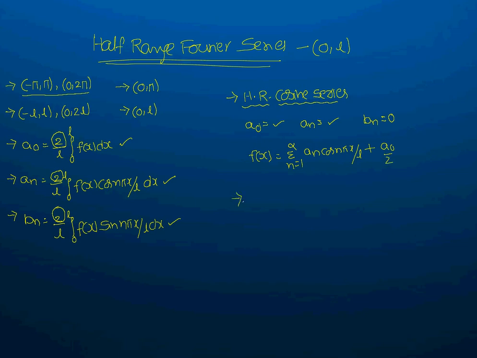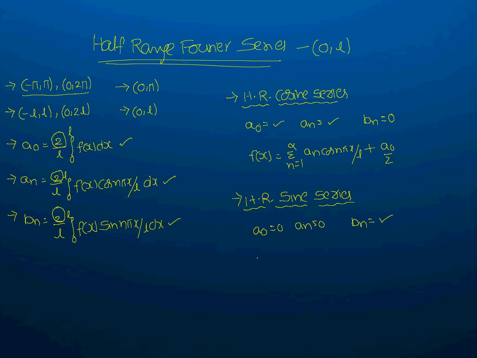Similarly, half range sine series. In half range sine series, which terms exist? Only the Bn term exists. The remaining, A naught is equal to 0 and An is also 0.